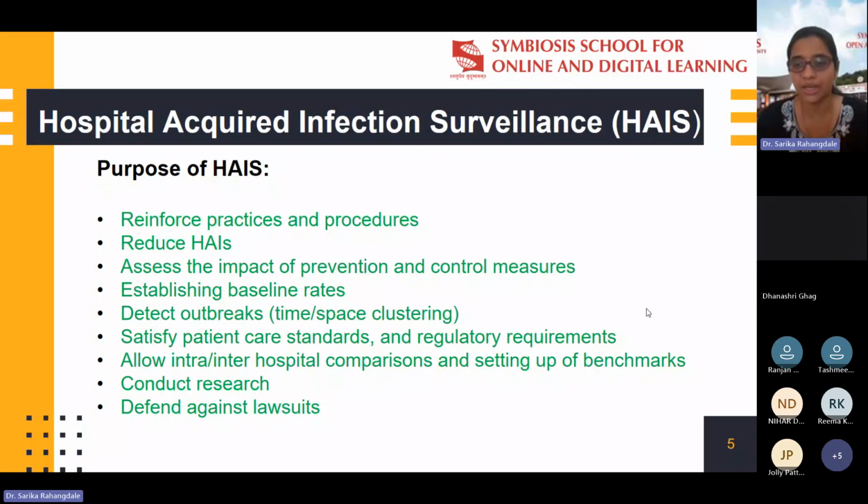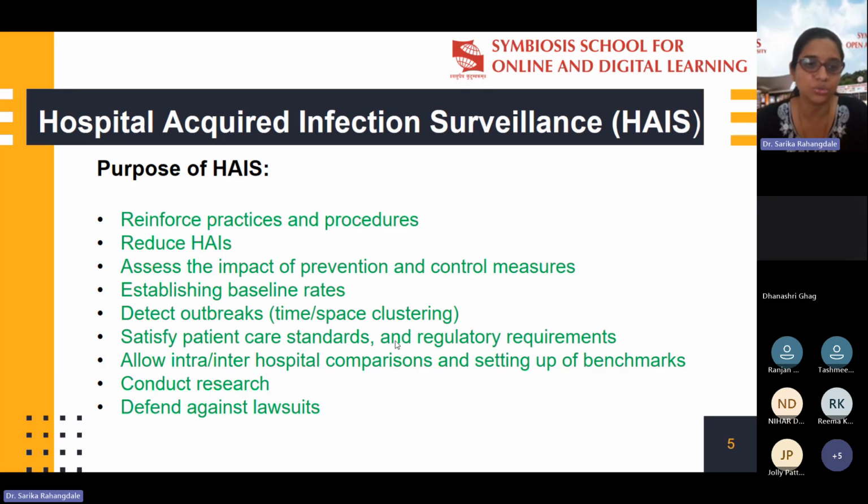It has been established in developed countries that surveillance of HAIs raises awareness, improves care, and ensures patient safety. However, this is only possible when surveillance and infection prevention are accepted as an important aspect of the hospital safety policy. Why should we do HAI surveillance?